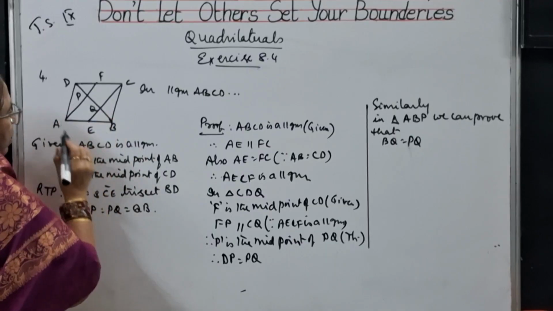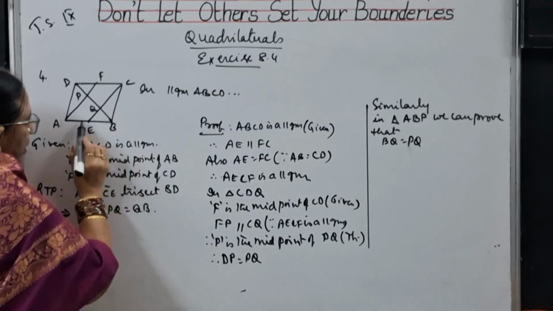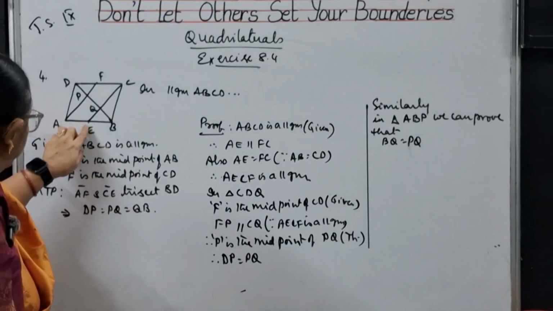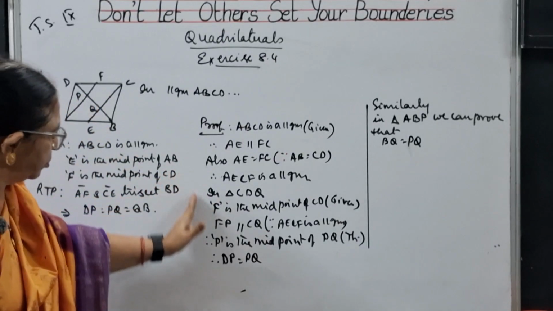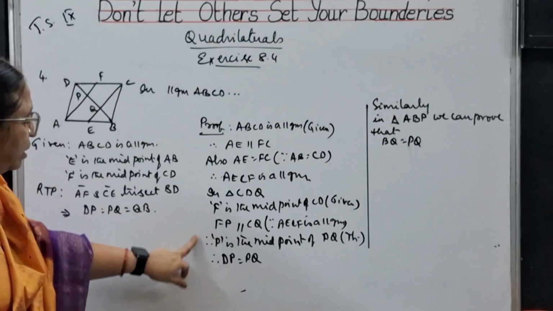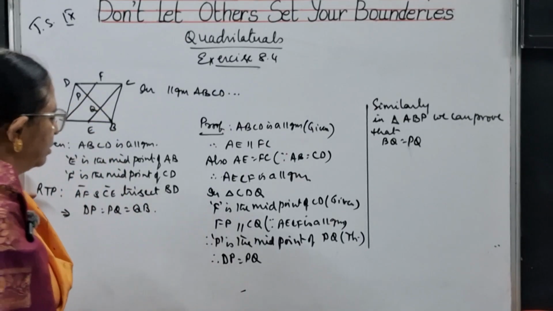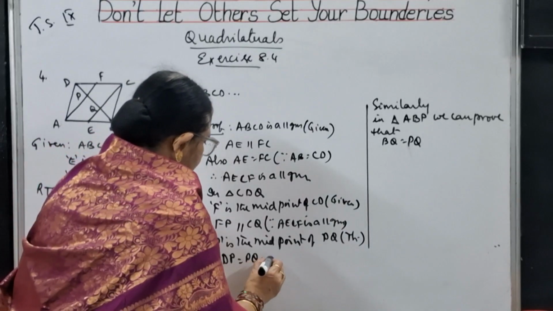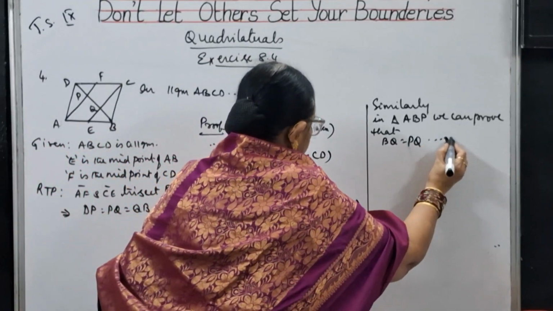In this triangle, because these two are parallel lines, this is the midpoint, so a line drawn through the midpoint of one side of a triangle parallel to the other side bisects the third side. Same proof, so we need not write once again. Basing on this, BQ is equal to PQ, we can say. So this is the first one and this is the second one.